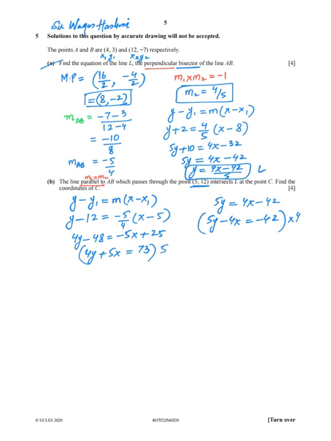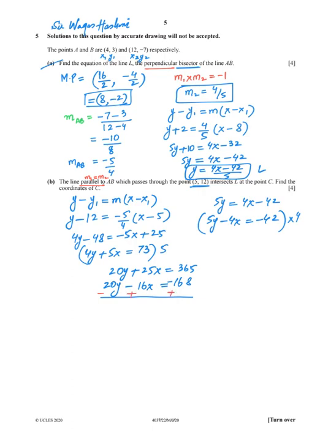So now it is 5 fours are 20y plus 5 fives are 25x equals 5 into 73, which is 365. For the second equation, when I multiply by 4, that is 4 fives are 20y minus 4 fours are 16x equals 42 times 4, that will be 168 with the negative sign, right? Now I need to change all the signs, so minus, plus and plus.